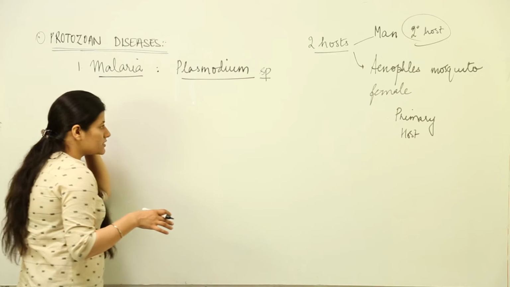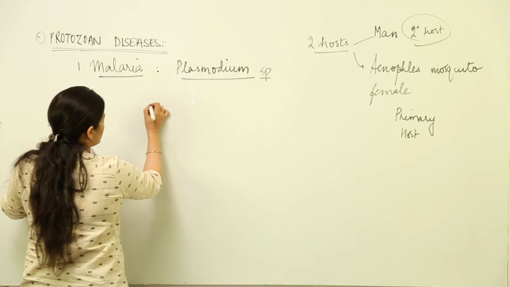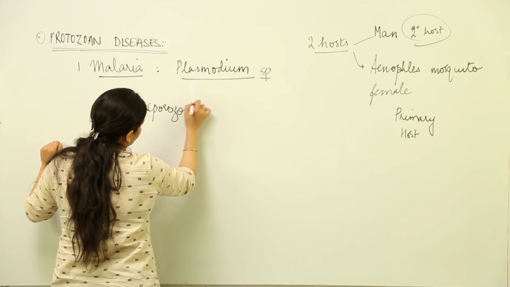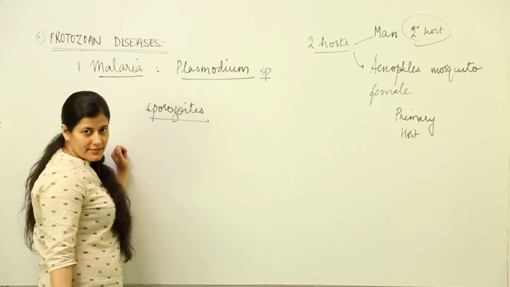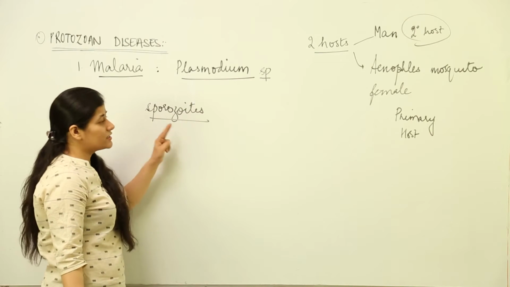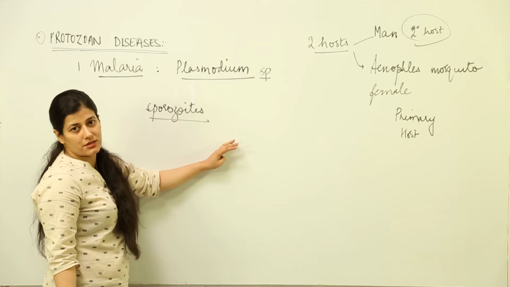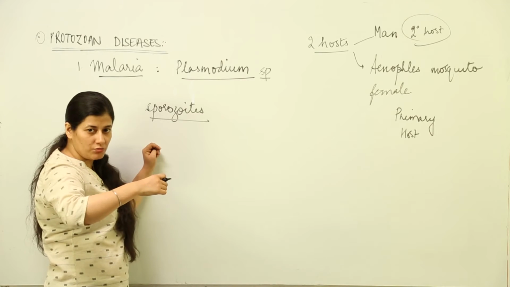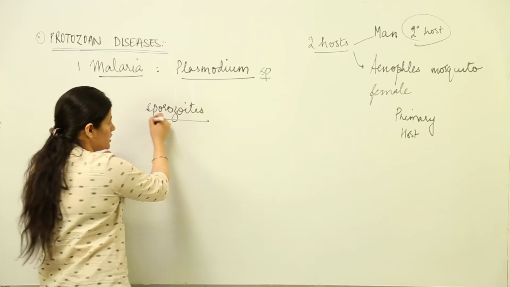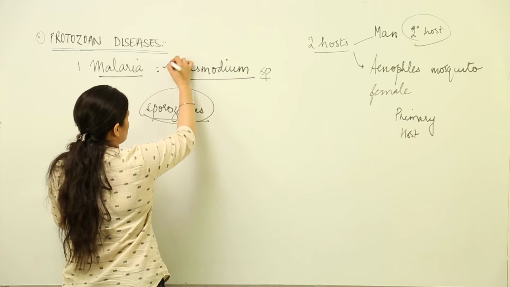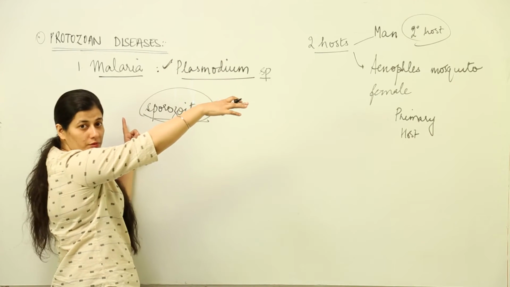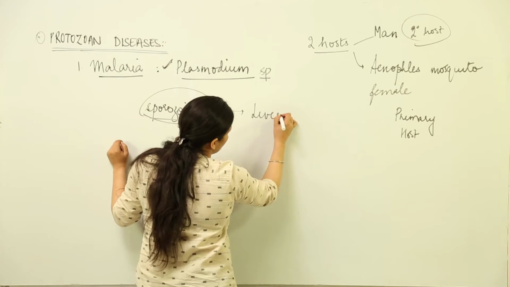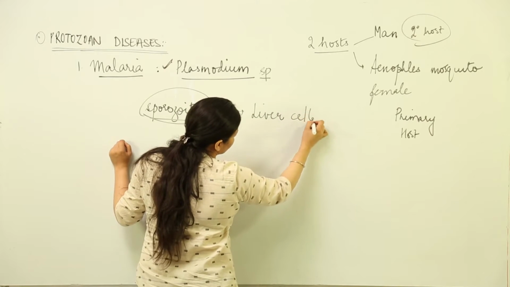Now, what happens is this Plasmodium, in its stage of sporozoites, infects the human body. Whenever a mosquito bites a human being, it is putting in the sporozoites, which are the infectious stage of Plasmodium for human beings. These sporozoites enter and go into liver cells.